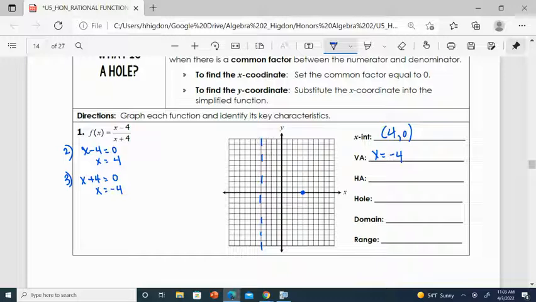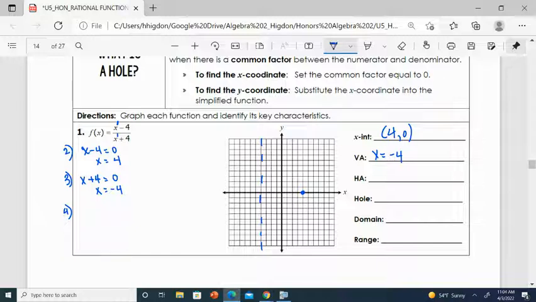In step number 4, to find our horizontal asymptote, we're going to use those rules. So the degree of the top is 1 because that's the exponent. The degree of the bottom is also 1. So they're equal. That's going to be case number 3.